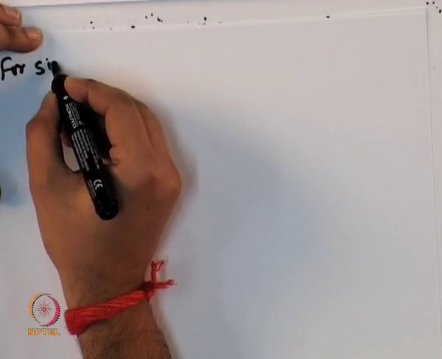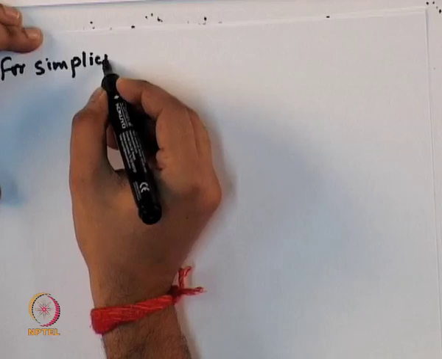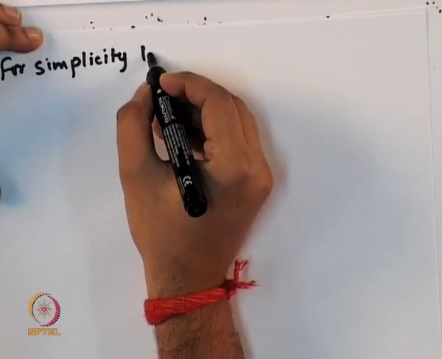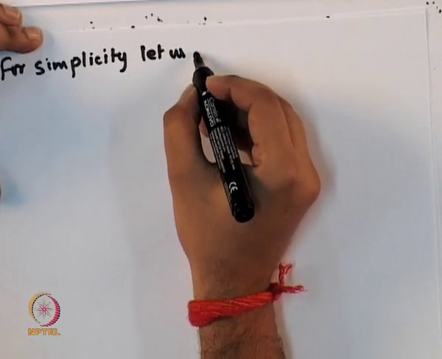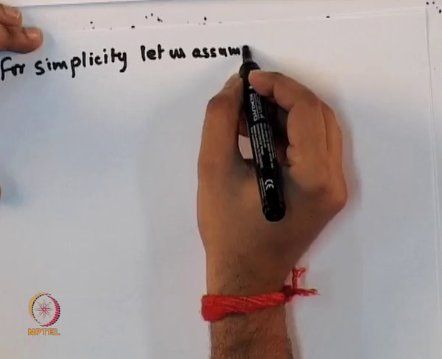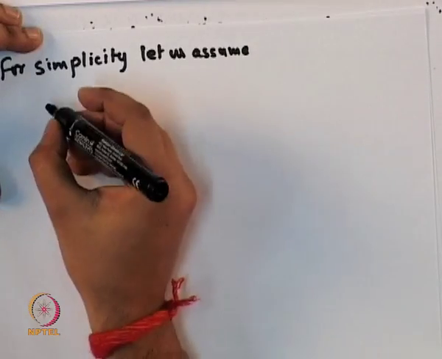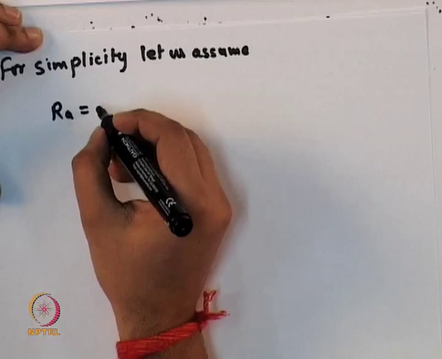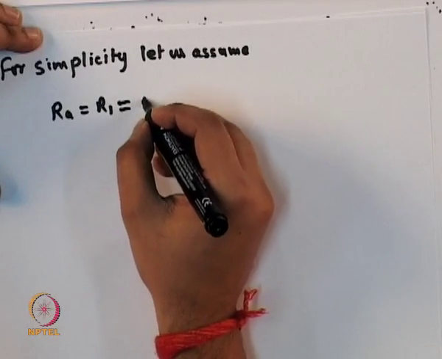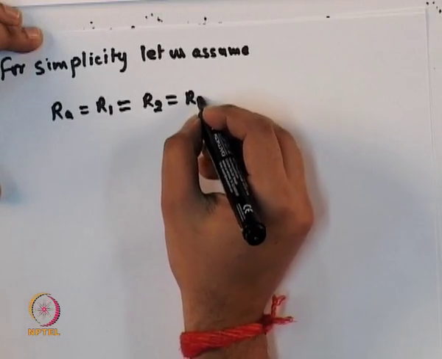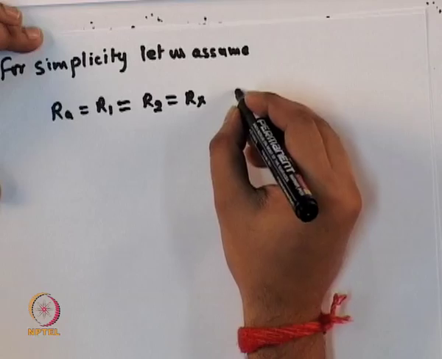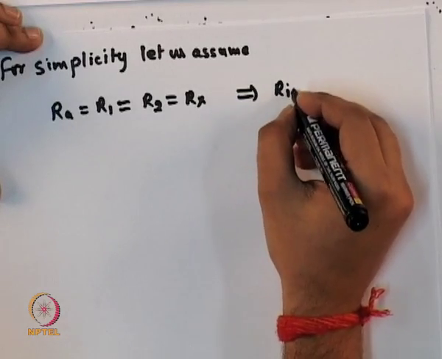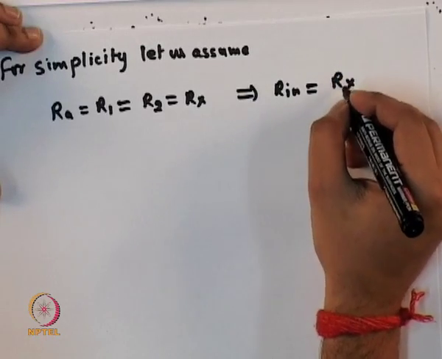For simplicity, let us assume RA equal to R1 equal to R2 equal to Rx, which will give Rn equal to Rx by 2.